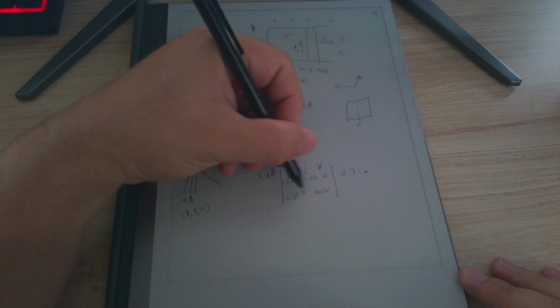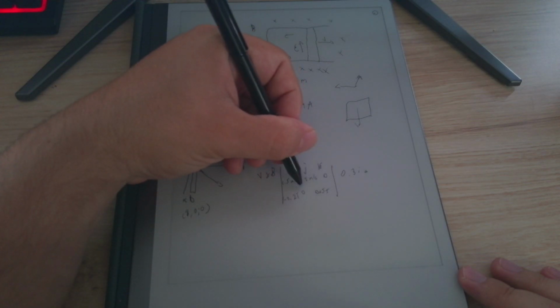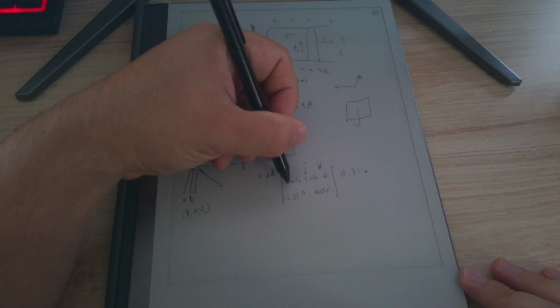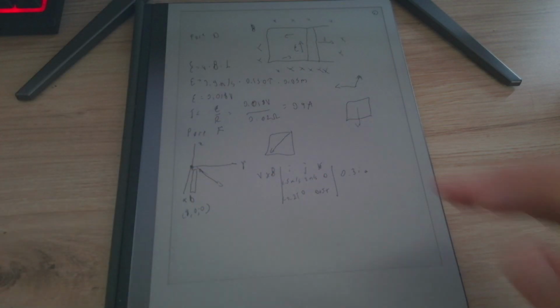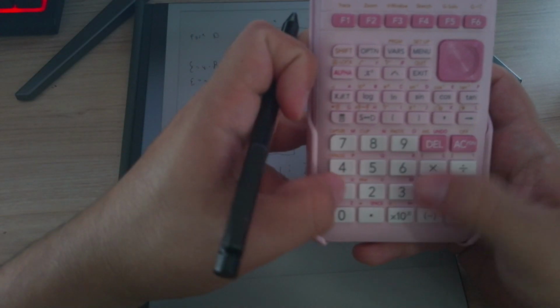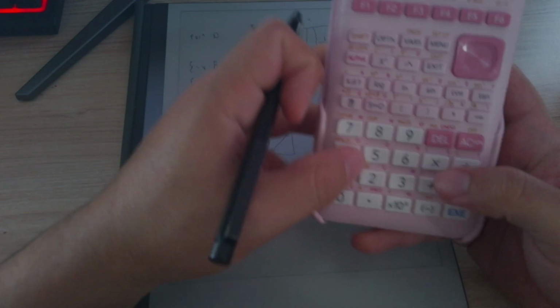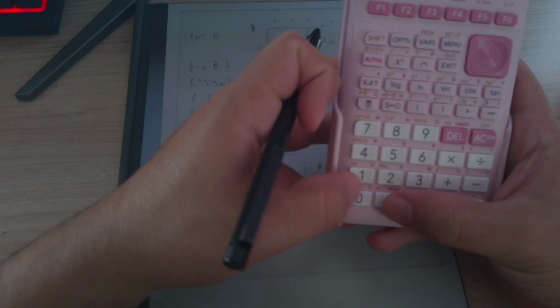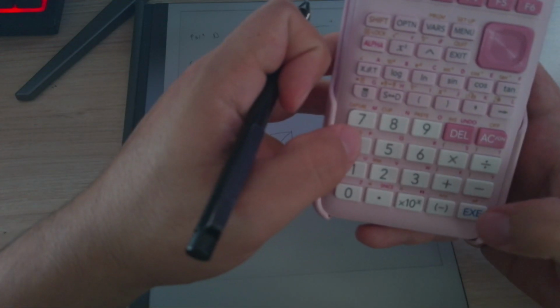Plus, and then for our J, these two cross multiplied by 0, which is 1.5 times 0.15, there we go.